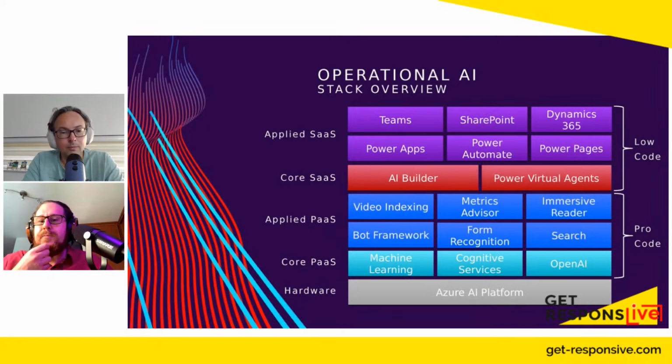Those are essentially the applications which are built on top of the previous layers, on top of the applied PaaS or the core PaaS. And they expose to us, in a very citizen developer friendly, maker friendly way, basically the same services we have at Azure level. For example, AI Builder exposes the same services which you have at Azure level as part of cognitive services and machine learning.